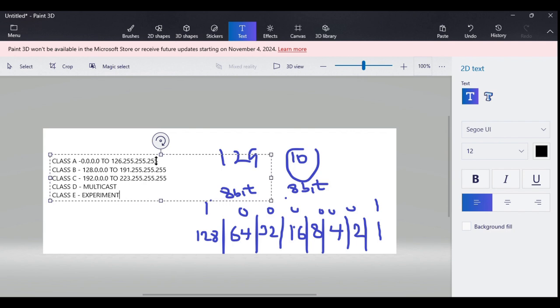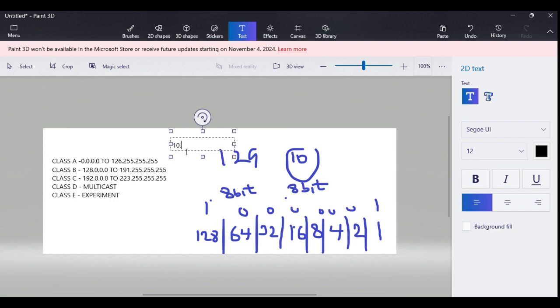Within class A IP addressing, we have what we call public and private, like I mentioned before. This is the range of class A, 0 to 126.